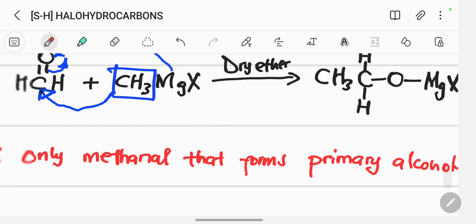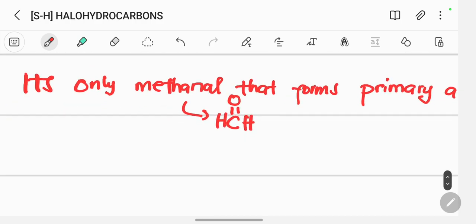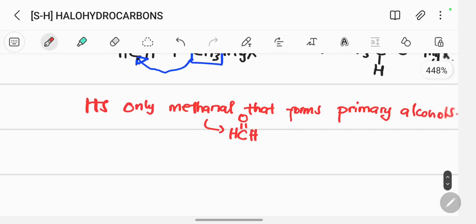It's only methanol, this one, C double bond O, HH. It's only methanol. Others don't do it.